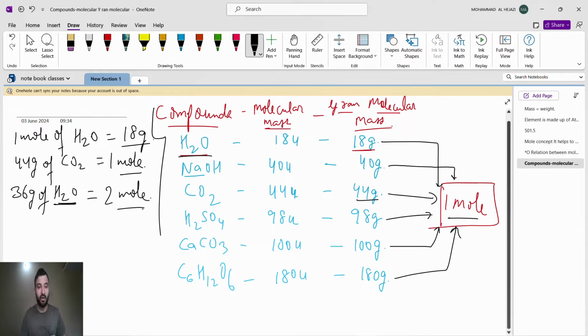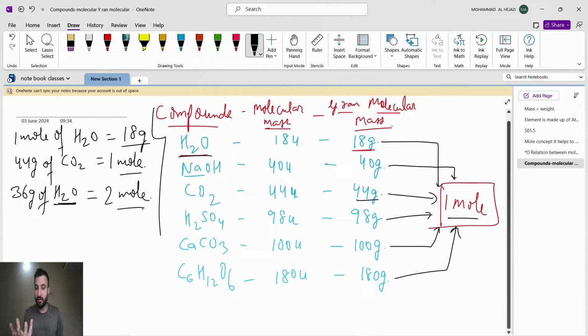See, if I give you 1 mole of H2O, what will you do? Very first thing is you will find the molecular mass of H2O, 18 gram. So I have given 1 mole of H2O; I give you the mole, you give me the weight, that is 18 gram.